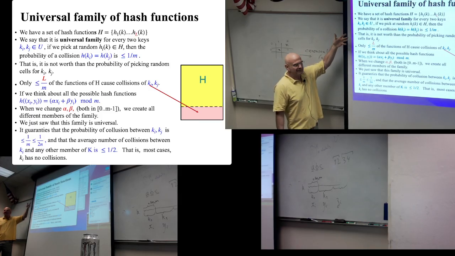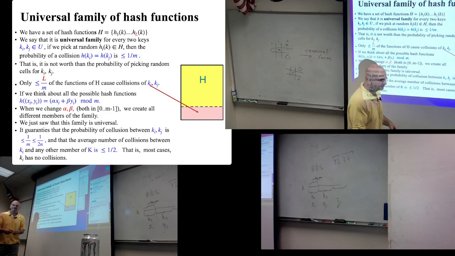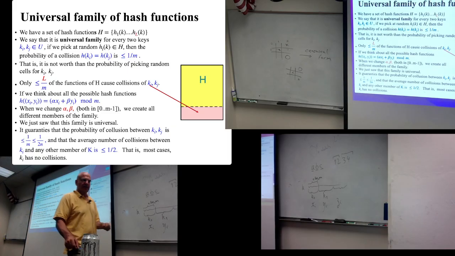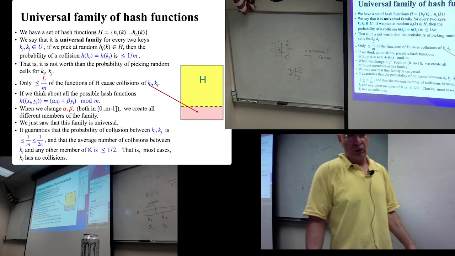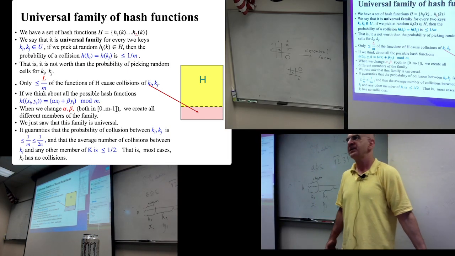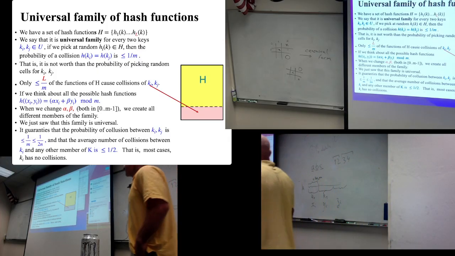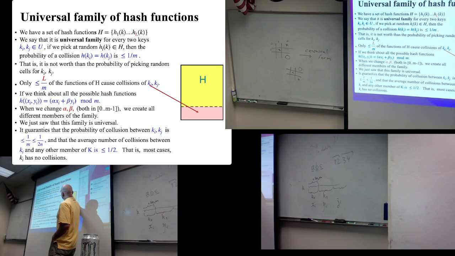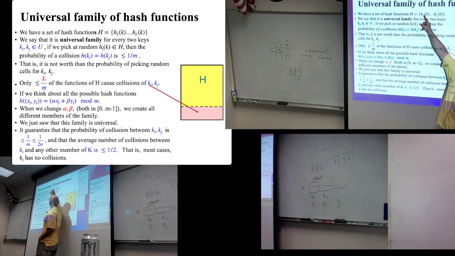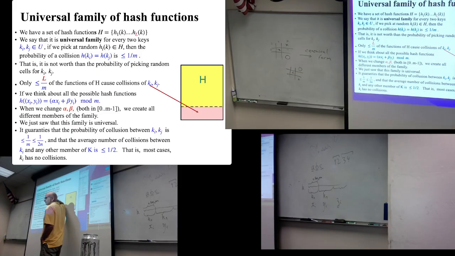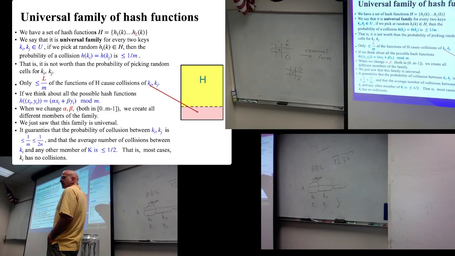It's a family of hash functions. I'm not sure why it's called a family rather than a collection or a set, but that's how historically we call a collection of different hash functions, H1, H2, all the way up to HL. Some finite number of hash functions.